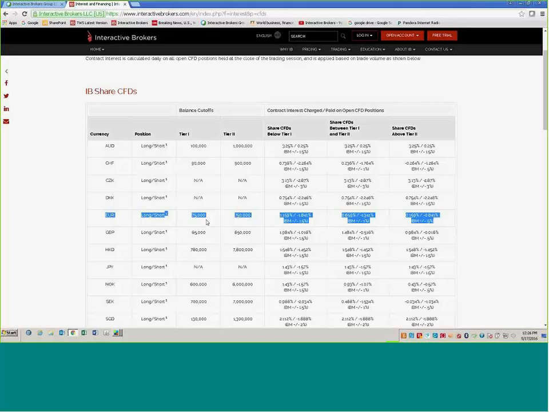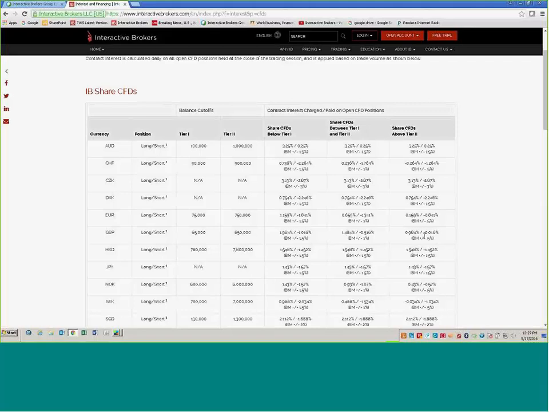Tier 1 is for long and short balances up to 75,000. Does Tier 2 start at 750,000? Well, Tier 2 is between 75,000 and 750,000, and then Tier 3 is above 750,000. You can see the low explicit interest rates that we charge.